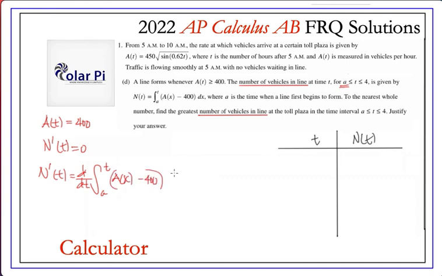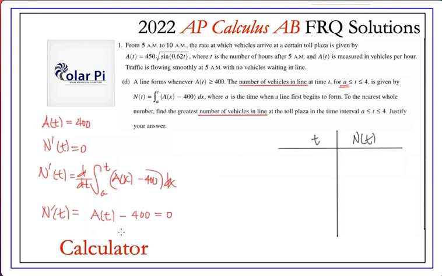And by the fundamental theorem of calculus, n prime of t is going to have to be equal to A of t minus 400. Okay, cool. Now we set this equal to 0.